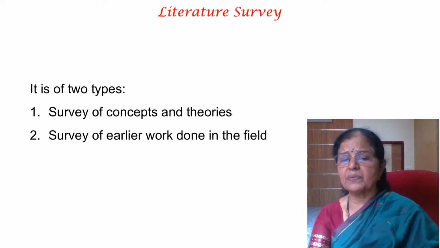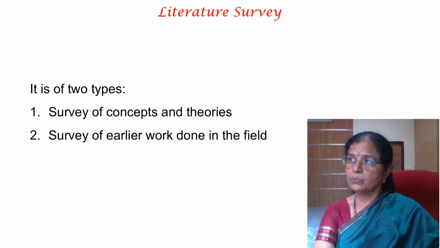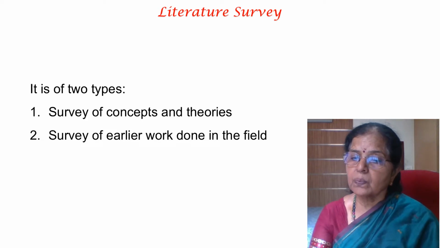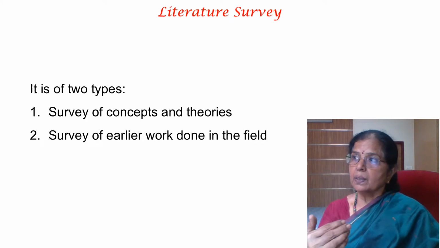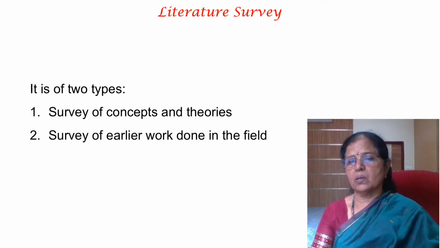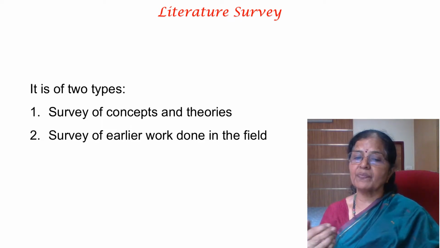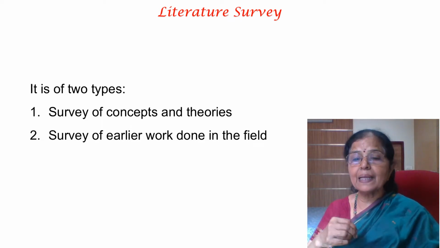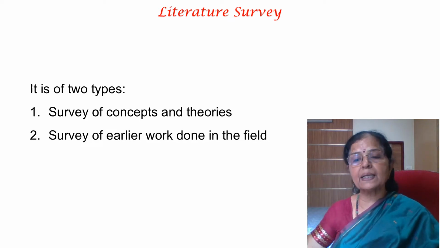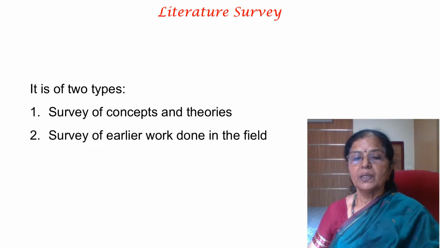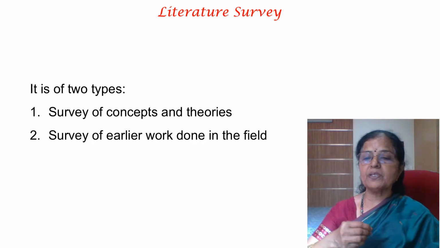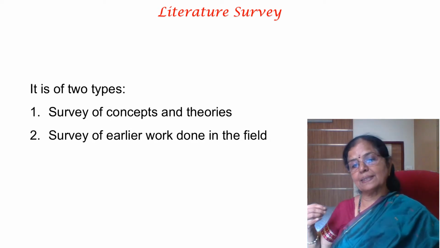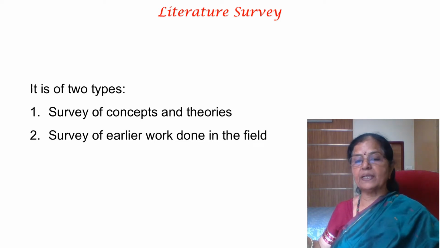Coming to the second point, that is the survey of earlier work done, you can go through meta-analysis. What is meta-analysis? Some authors go through all these concepts, all the journals available, all the books available, all the work available, and they publish an analysis of the work already done. That is analysis. Another author analyzes all the papers on this topic and publishes a paper, which is called meta-analysis.